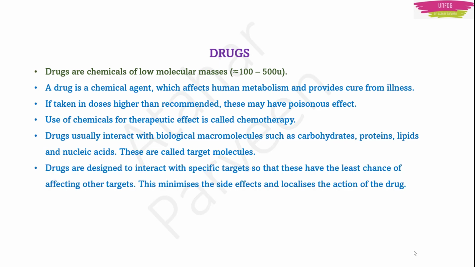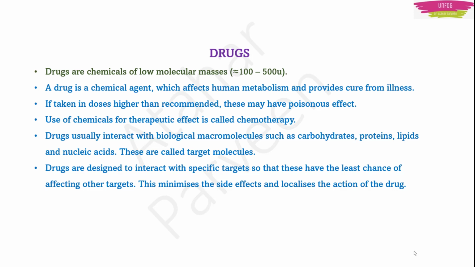Why are they made in such a way? Because if they interact with specific targets, then only there is the least chance of affecting other targets. For example, if I have a cold, I will take one drug for cold. That drug will be made in such a way that it will interact with the macromolecules which affect that cold, not other things in my body.